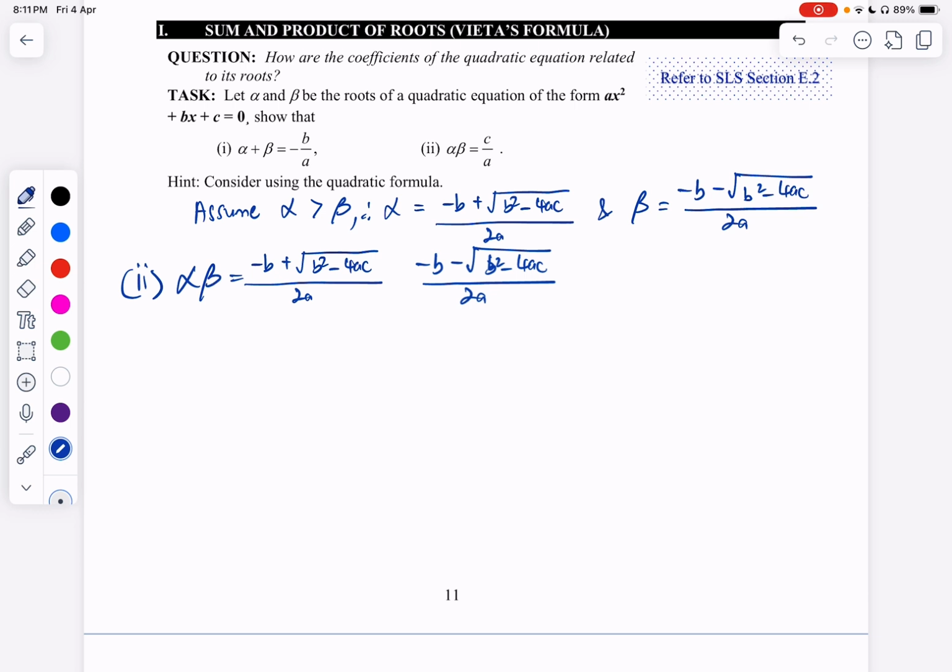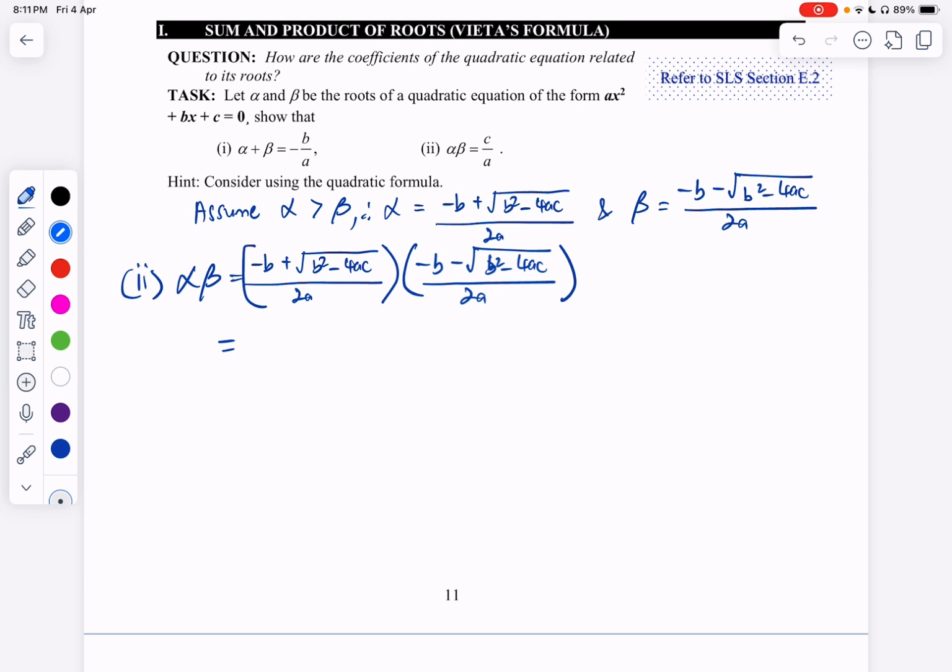What I'm going to do is put the expressions together: this answer times this answer. When I put them together, I am applying an identity. I need to remind you, we have learned the identity of the difference of squares.